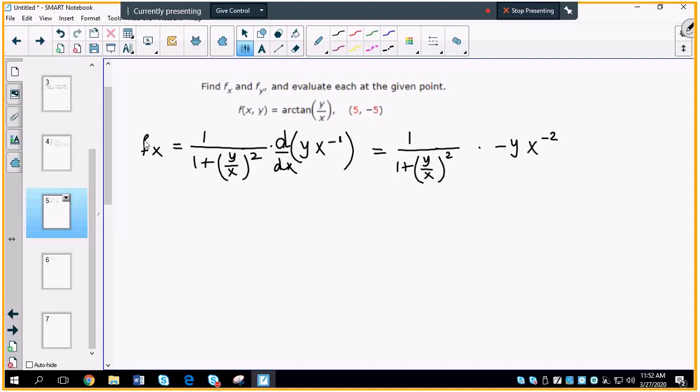I'm done with the derivative, now simplification. So I will say that this is 1 over 1 plus y squared over x squared times negative y over x squared. That's x to the power negative 2.